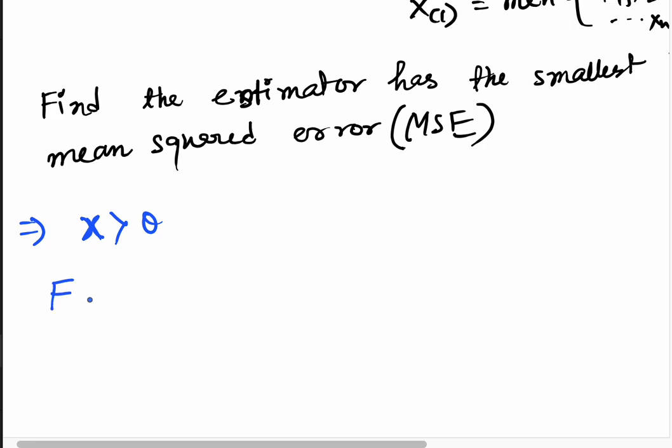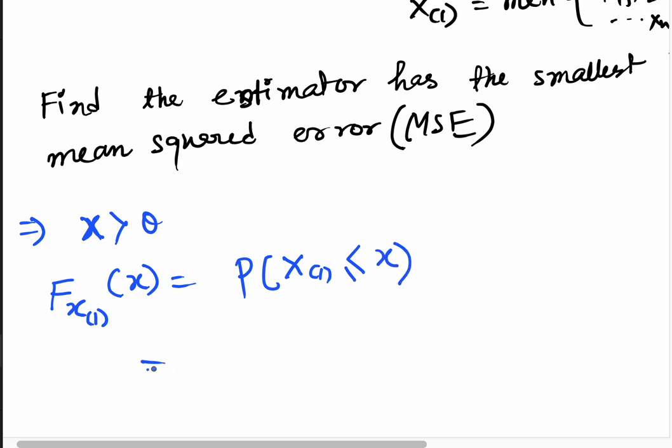So the cumulative probability of X(1) being at most x, that means the probability that X(1) is less than or equal to x, is 1 minus the probability that X(1) is greater than x.